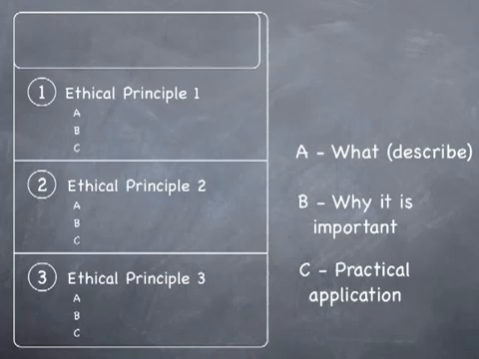With regards to paragraphing, you could write 1 or 2 paragraphs in each of these little subsections. Let's say subsection A of each of these bigger sections could be either 1 or 2 paragraphs, and you could do the same with B or C. Paragraphing is not critical. What is critical is that you know exactly what goes where: I'm answering the what question here, the why question here, the practical application question here.